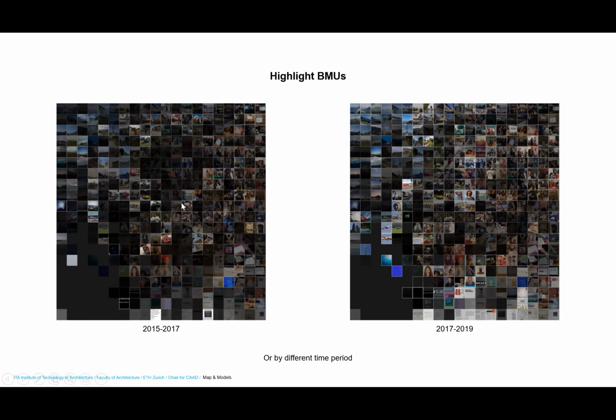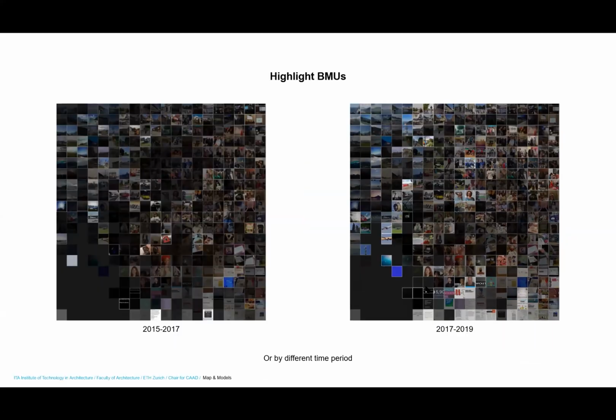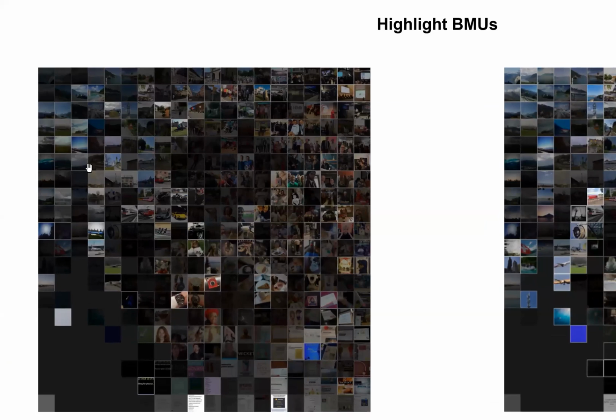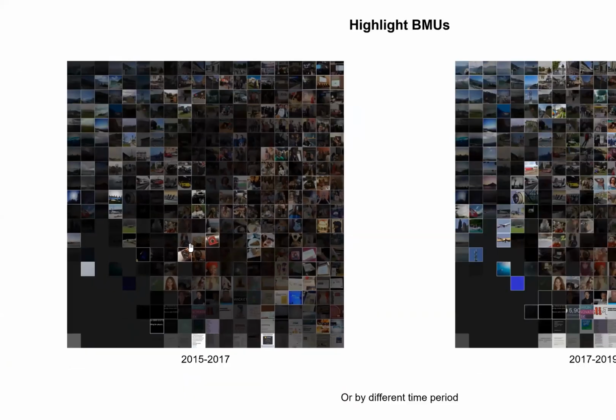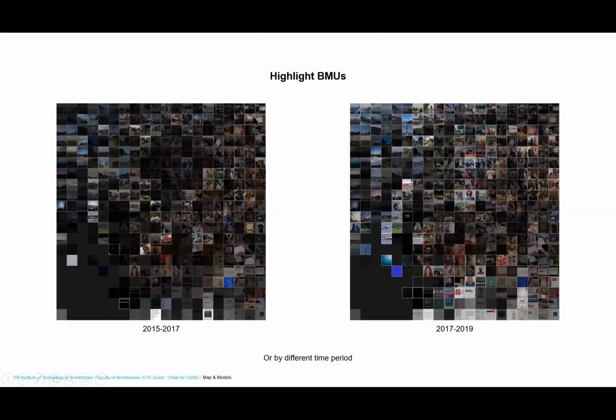They both have people, they both have landscape, but still you see some difference because, for example, on the right side, there are more landscapes and also more text and books on the bottom. On the left side, there are fewer landscapes and also fewer books, but more concentration on people and the lectures. This is the kind of stuff you can see.